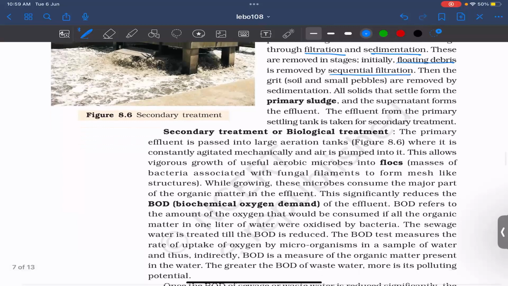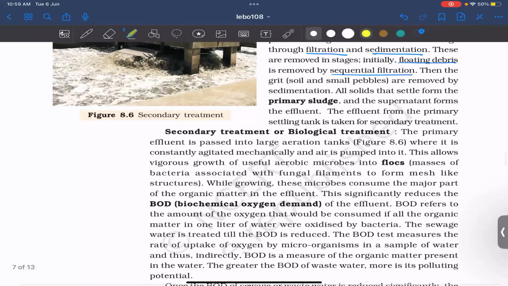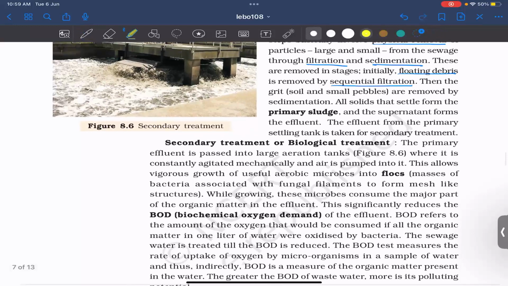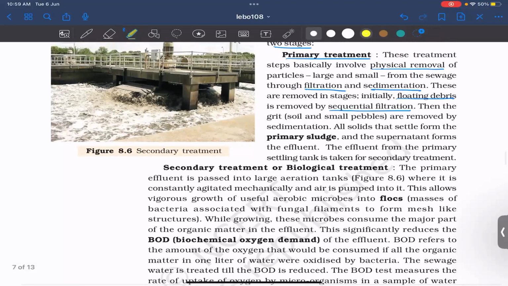After that, all the solids settle down during sedimentation, and the settled solid is called primary sludge, whereas the supernatant is called the effluent.